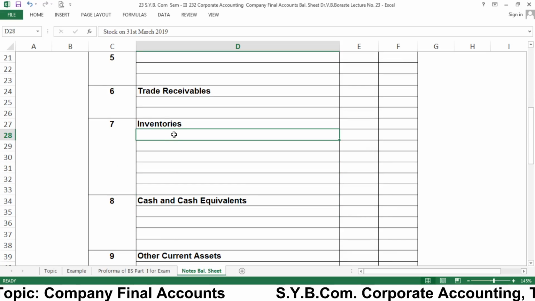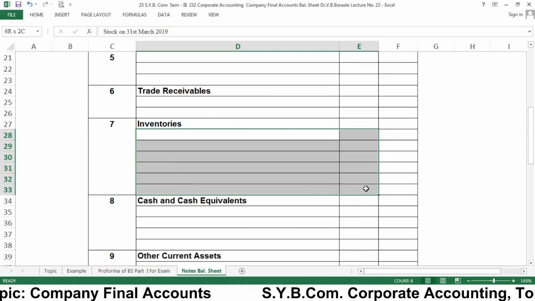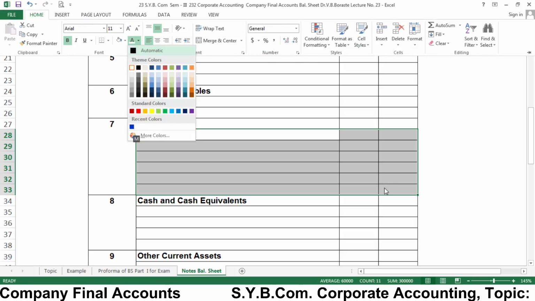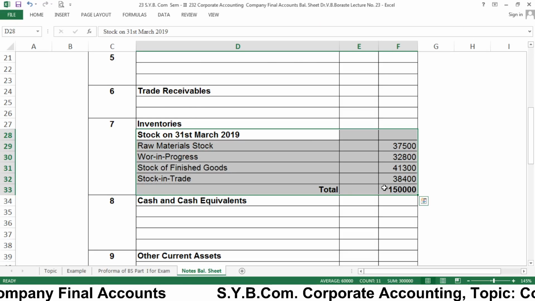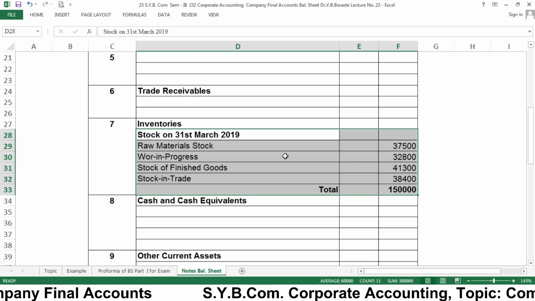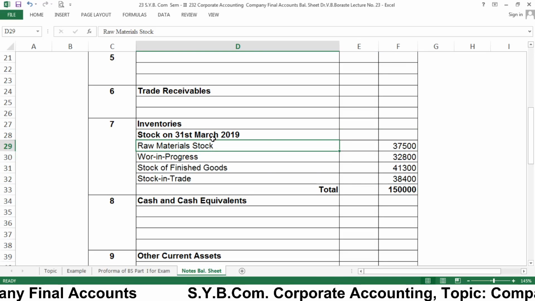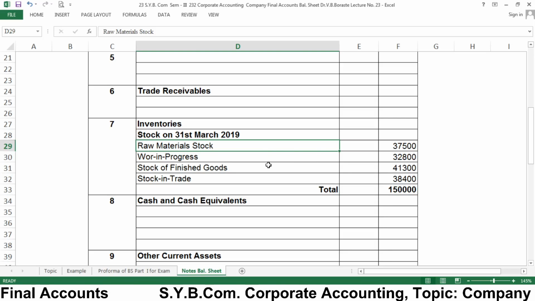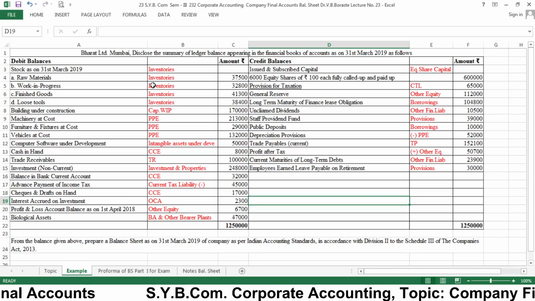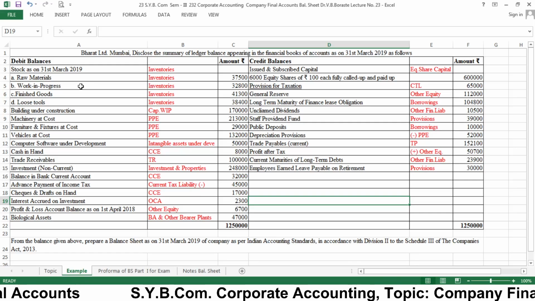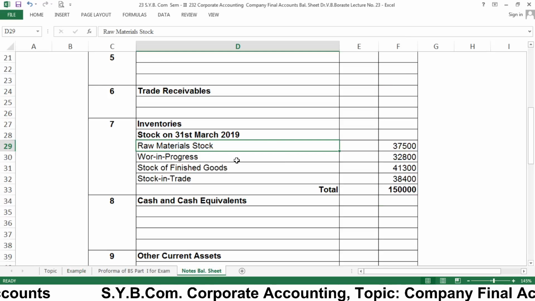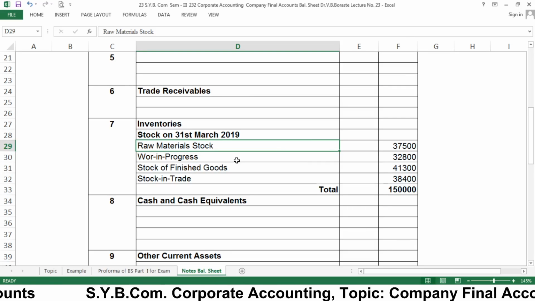Here you can see the inventories. Stock as on 31st March 2019, raw material stock 37,500. Then work in progress, finished goods and loose tools, all these items are pasted over here.